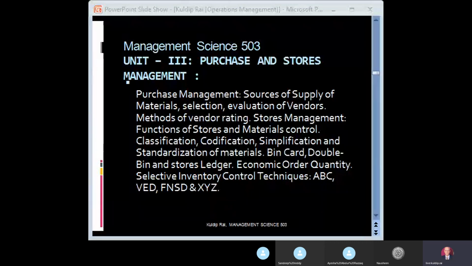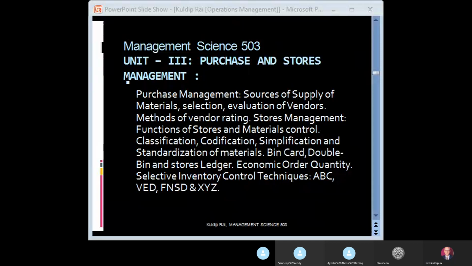So, considering these four parameters: quality, price, delivery period, and service, we evaluate the vendors.